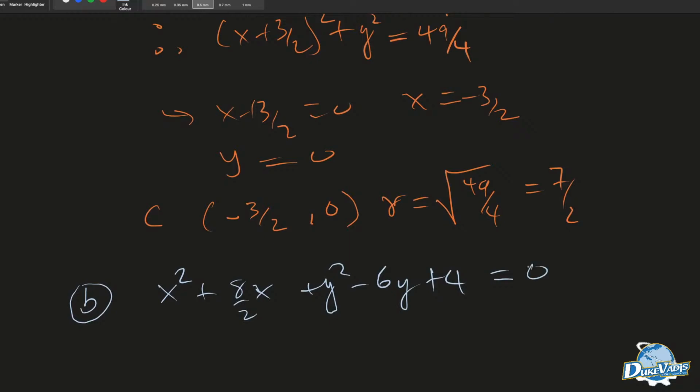So the same approach. We have to rewrite this equation.